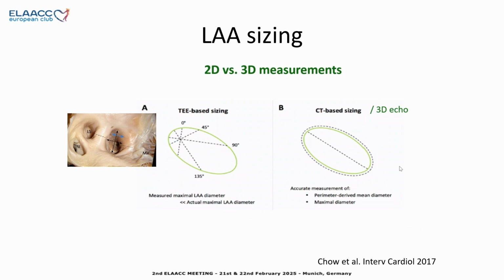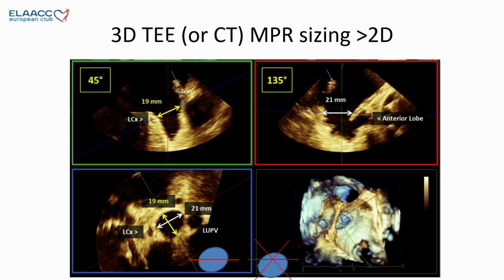And this is true for 3D CT, but also for 3D TEE, because we're going to use the same MPR techniques to get the best dimension and the largest diameter of the LAA landing zone.